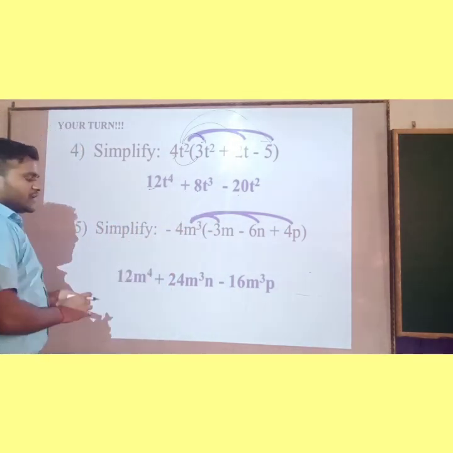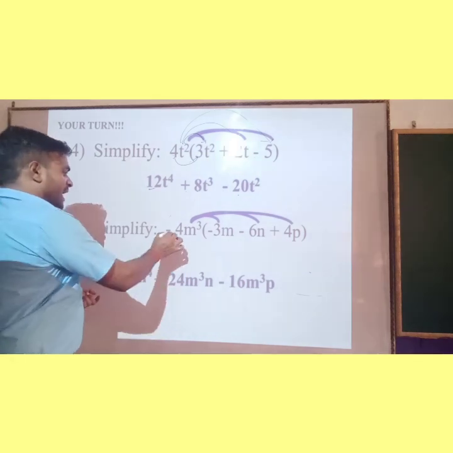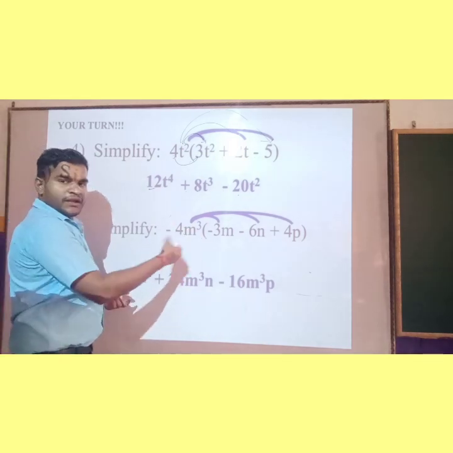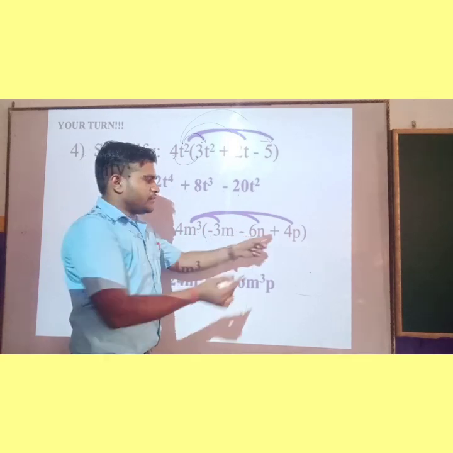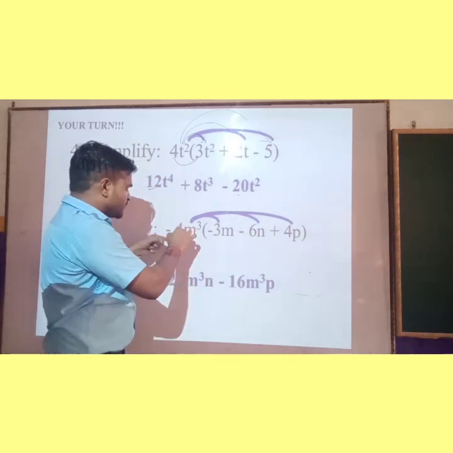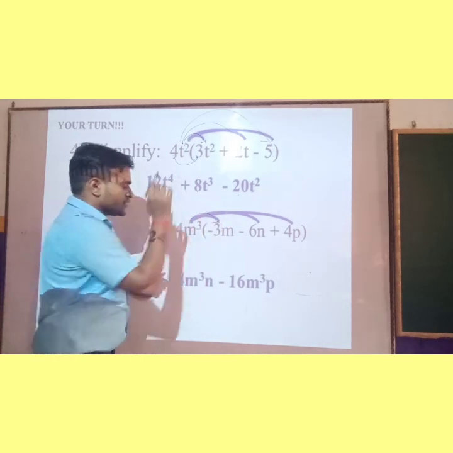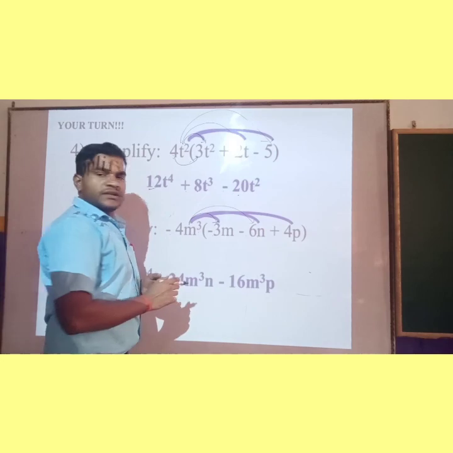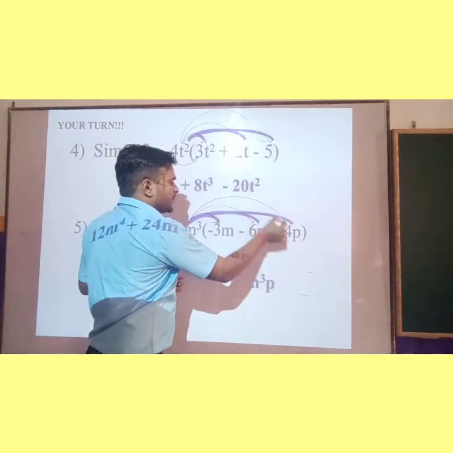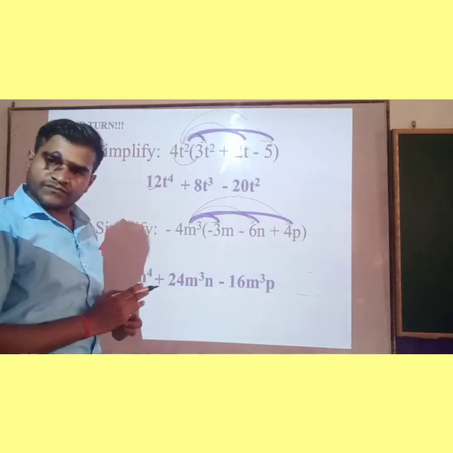And next one, here also we have to simplify. Minus 4m cube in bracket is given, minus 3m minus 6m plus 4p. So minus 4m cube multiplied by minus 3m, again it will be multiplied by 6m, again it will be multiplied by 4p. Is it clear?